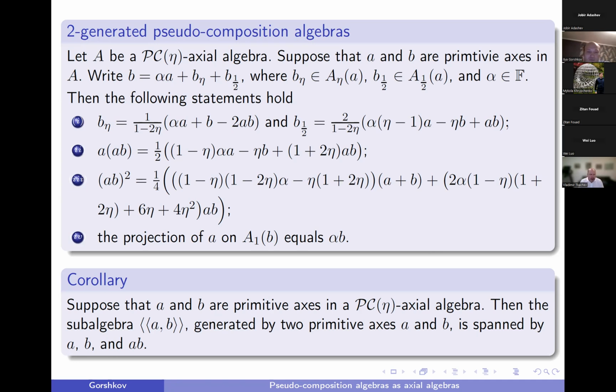As a corollary of this theorem, we get that the algebra generated by A and B, axes of pseudo-composition eta type, is spanned by elements A, B, and AB.